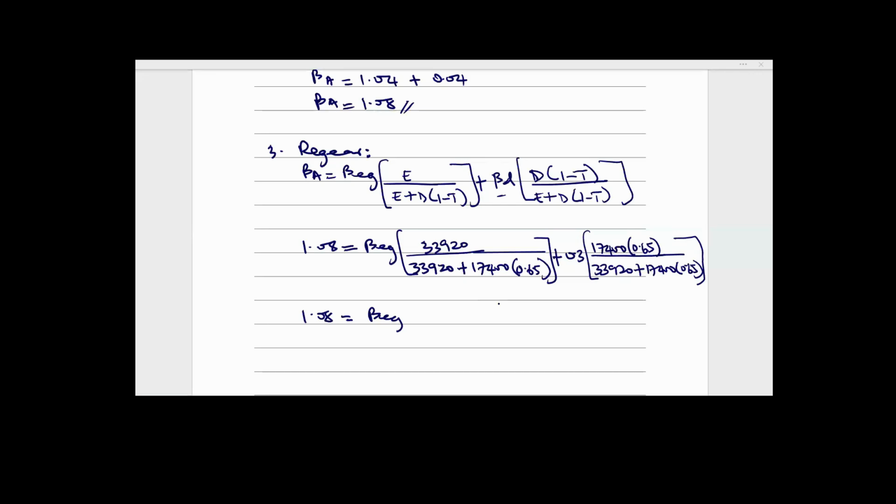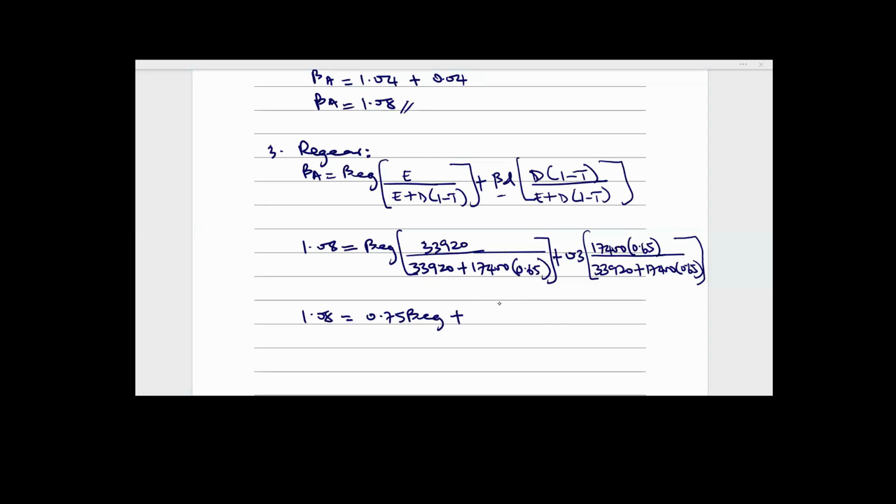Okay, so this one will give us 0.75 BEG. This is supposed to be 0.75 BEG plus the other side, which is 0.65 multiplied by 17,400, plus 33,920 equals 45,230.